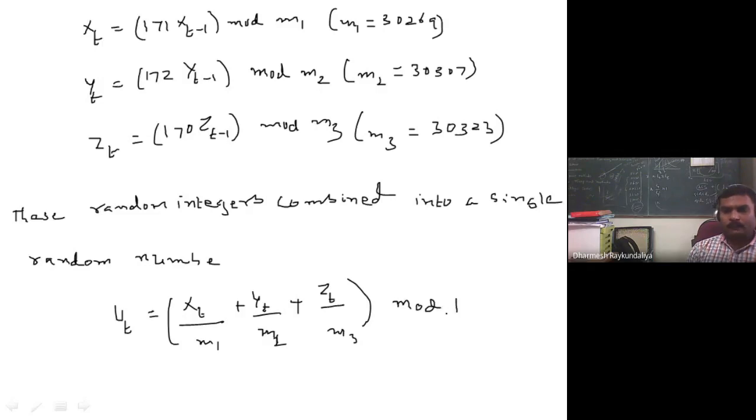Modulo is 1. Why? Because xt by m1, xt is the largest integer from 1 to m1 minus 1. So xt upon m1 is always less than 1. Similarly, yt upon m2 is also less than 1, and zt upon m3 is also less than 1.